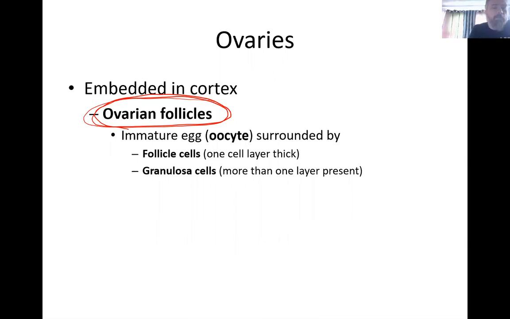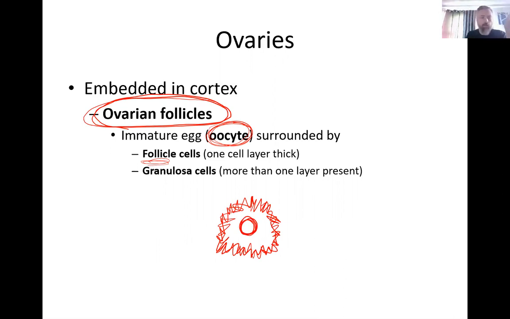The follicle contains both the oocyte and the follicle itself. So we've got this tissue out here made up of the follicle. Sometimes there's granulosa, and then within it, right here, we have the oocyte itself.